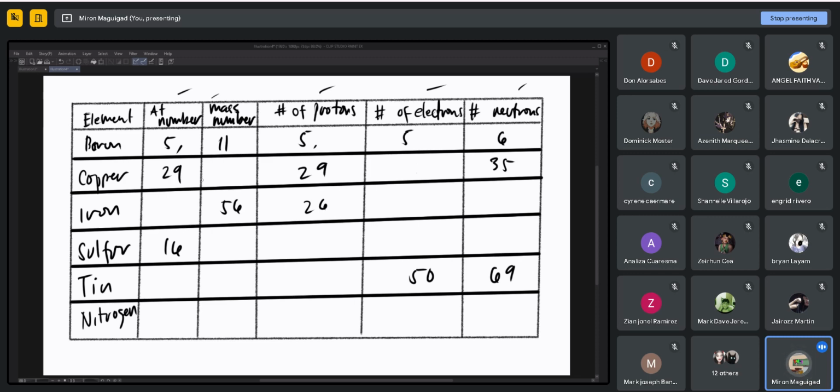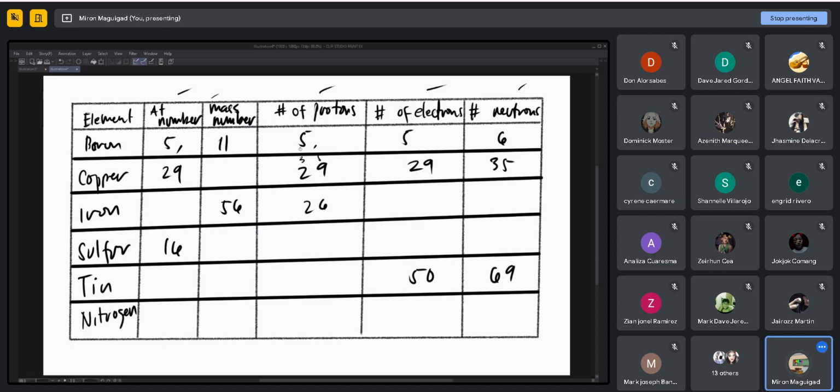So, ngayon, sir, paano namin makukuha si mass number? Sabi sa discussion natin kanina, mass number is the sum of protons and neutrons. So, it means you must add protons and neutrons. So 29 plus 35 is, add lang natin. So 4, 1, carry 1, 64. Okay, so 29 plus 35 is 64.